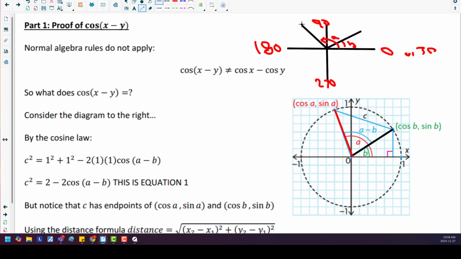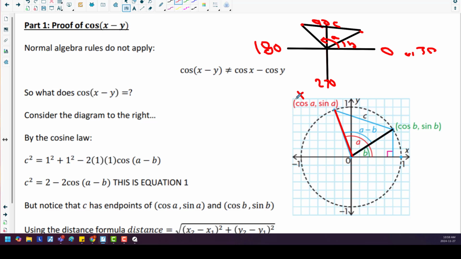And we're going to connect these two points here. And that's going to give us a value of C. We're going to call this C, this line that's going from here to here. That's C, so that's in blue in this diagram. If you are unaware, your X and Y values, when you have a unit circle, are just the cos of your angle and the sine of your angle.